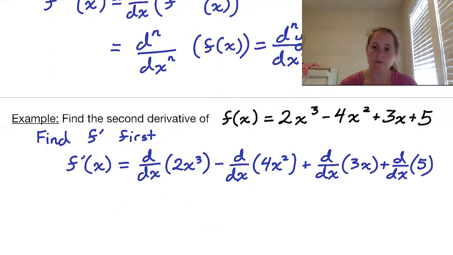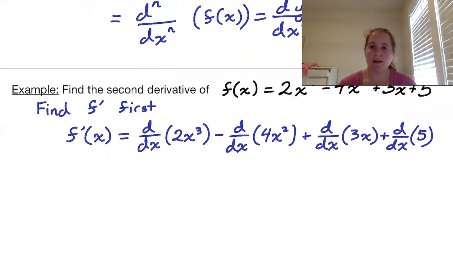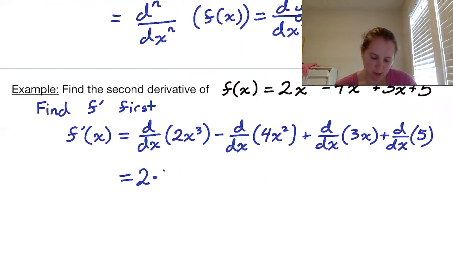Now I'm going to go ahead and jump to sort of having already taken the derivative. So we have our scalar multiple 2, and then the x cubed becomes 3x squared. Pull the power out, drop the power by 1. Then we are subtracting. We have a 4 times x squared goes to 2x.